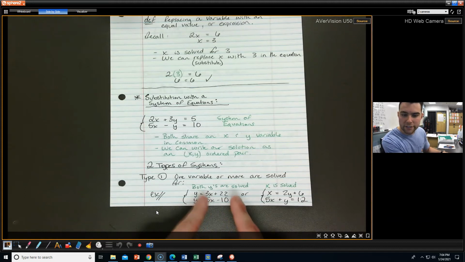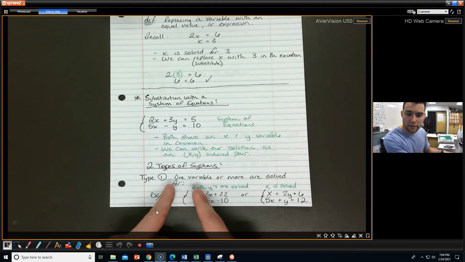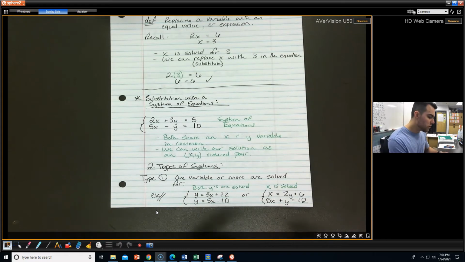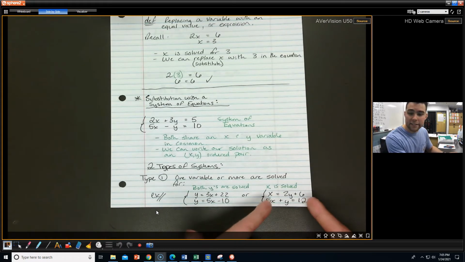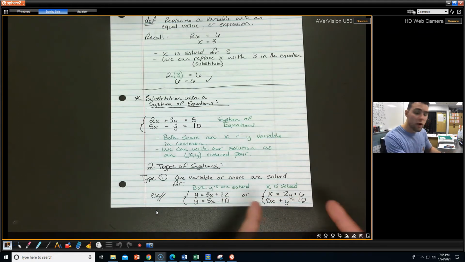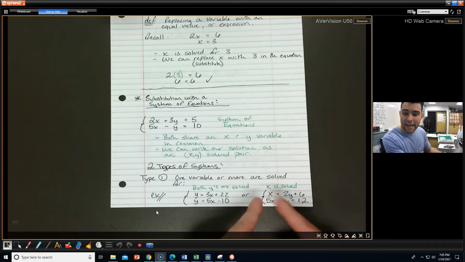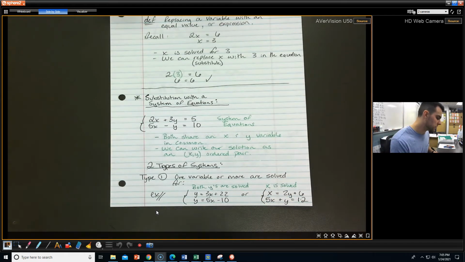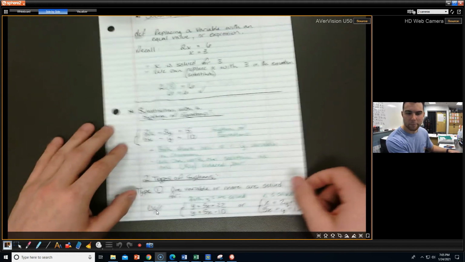I could take one of these expressions and plug it in for either y and solve for x that way. Or this is an example of when x is solved for. X is by itself. I know x is equal to 2y plus 6, so I could take that and plug it in for the x down here in the second equation, okay? So let's get some examples under our belt.